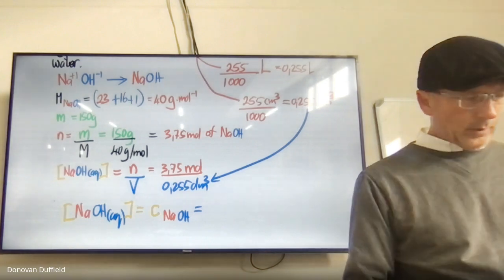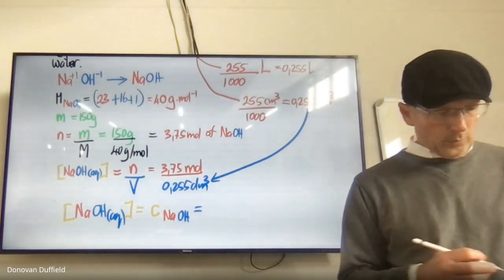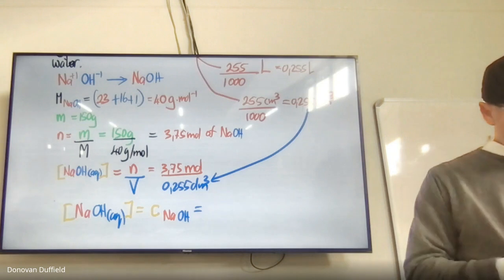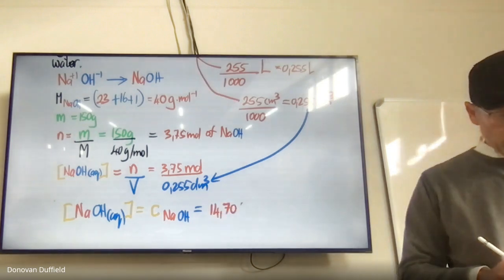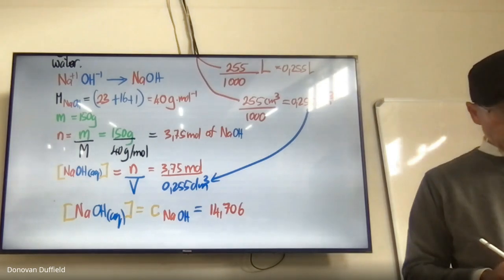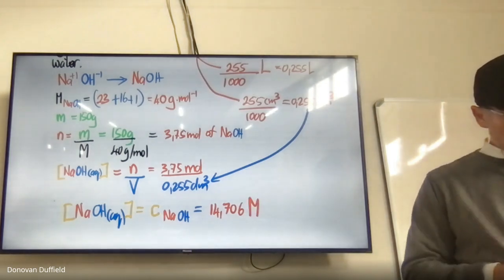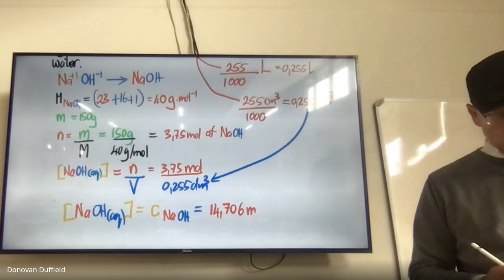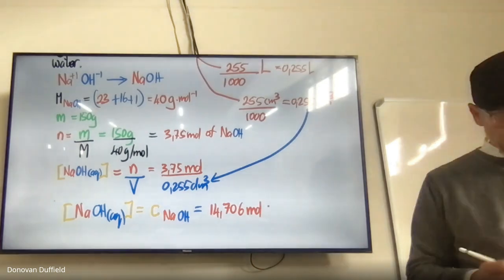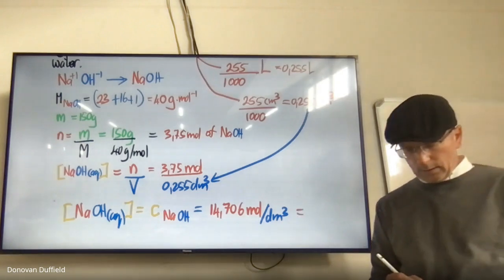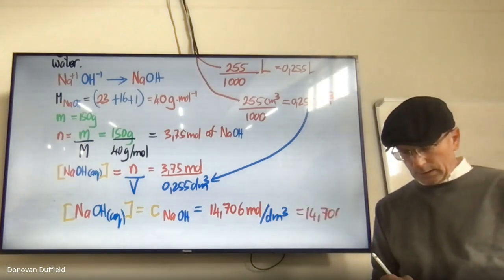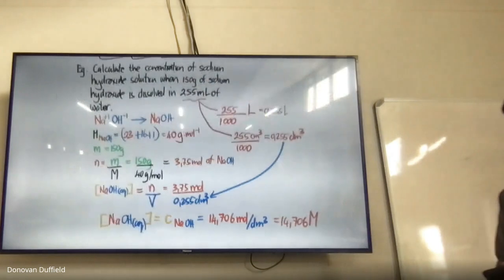And that would have given us 14,706 mole per cubic decimeter. Can you see we've got the mole divided by decimeter cubed, but we could have also said this is 14,706 big M.